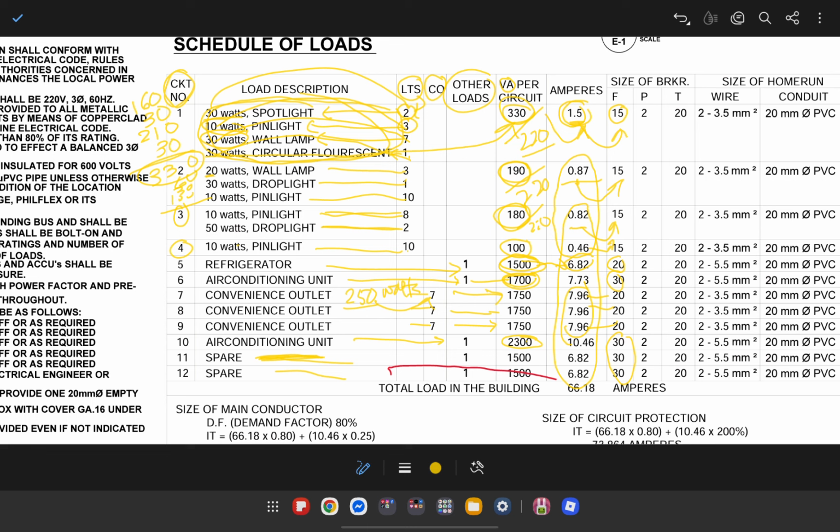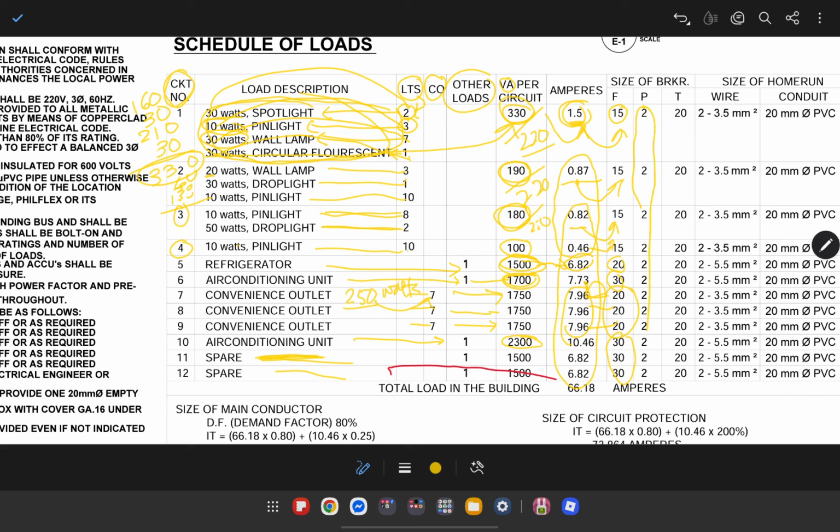So you probably choose the 20, since anyway what's needed is just 7.96. 20 is still way higher than what it can necessarily take. So that's the sizing. Next would be the pole.